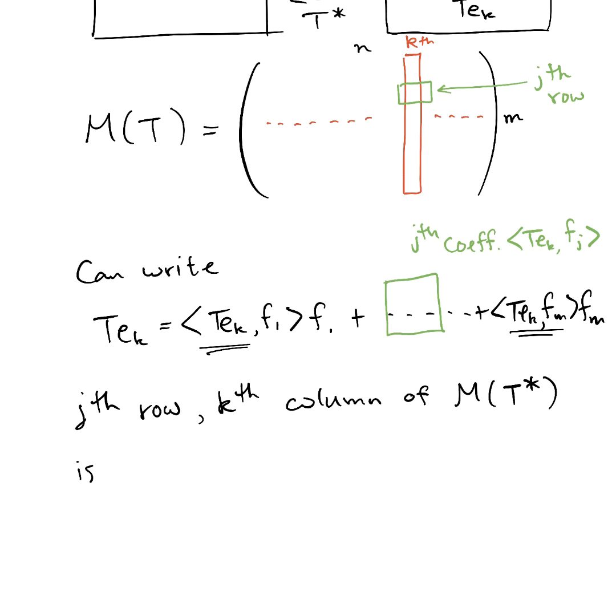You have to change the Ts to T stars and switch the roles of the Es and the Fs, because now if it's T star, the Fs are the basis in the domain and the Es are the basis over in the range. Okay, so jth row, kth column of the matrix for T star is going to be T star Fk inner product Ej.